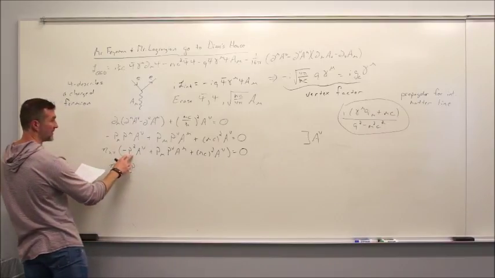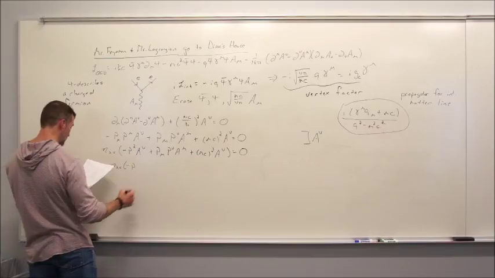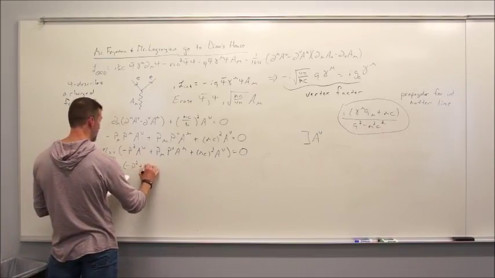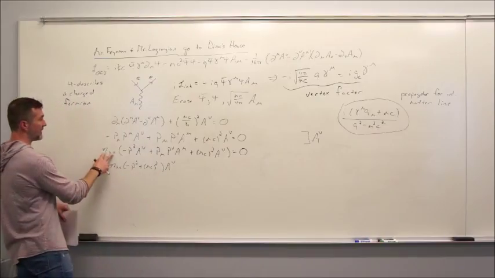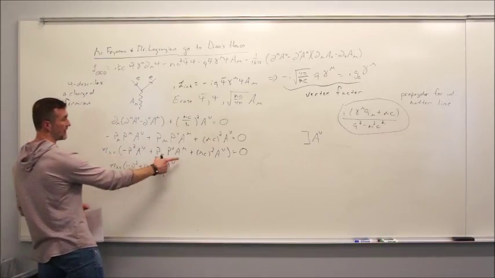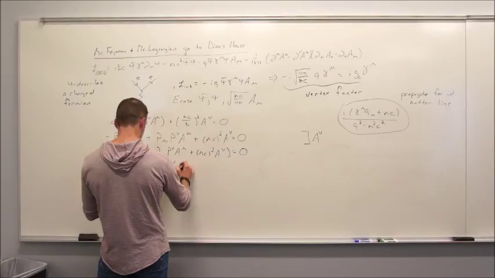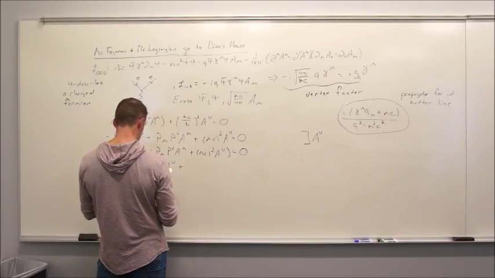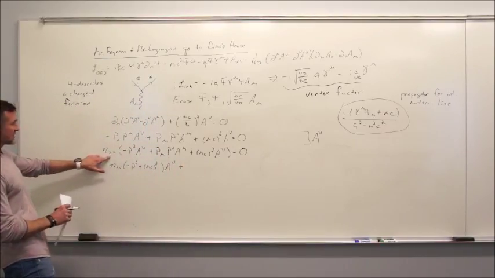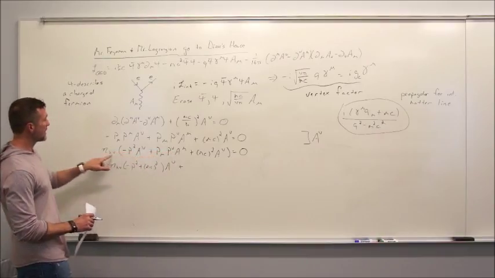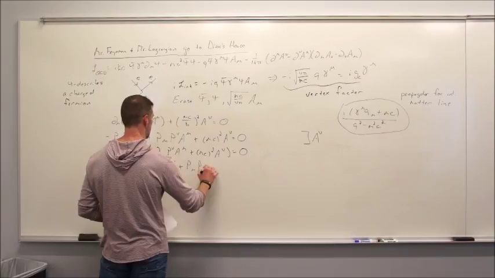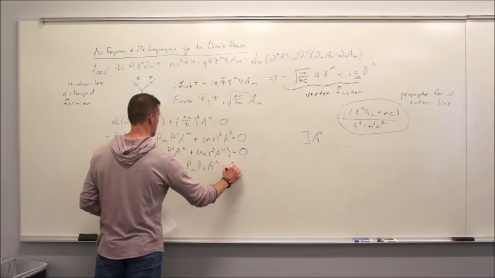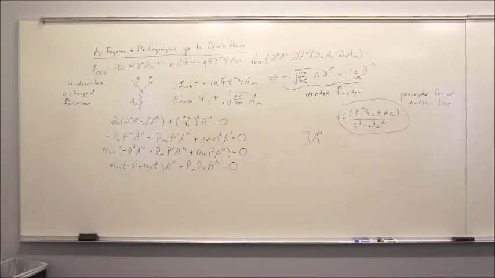I'm going to collect the p squared here and the mc squared term. These are the ones that are already okay, because they multiply A nu. And then the leftover term is going to be this guy with this term. So I'm going to have my plus, and then I'm going to use this to lower the nu here and make it a lambda. Okay?